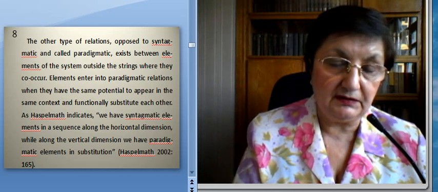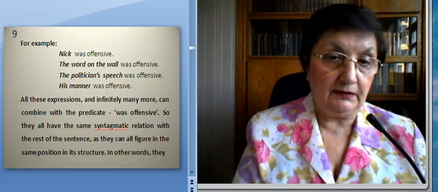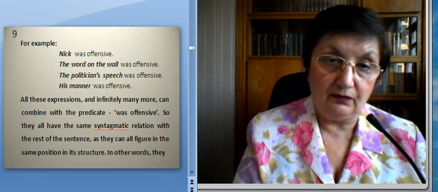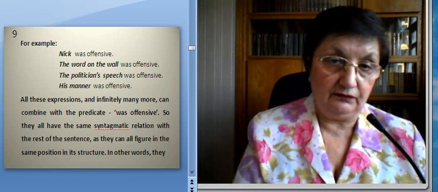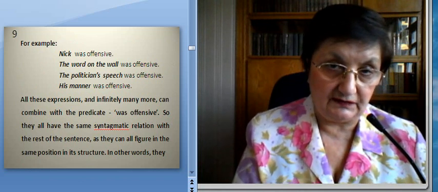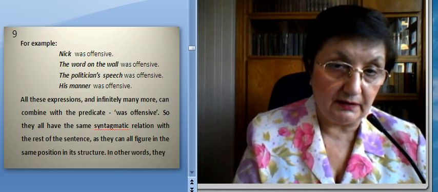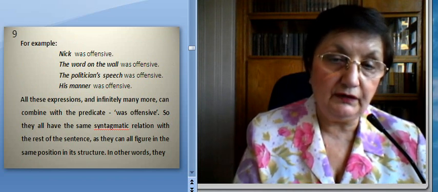If we take the following examples or phrases: Nick was offensive, the word on the wall was offensive, the politician's speech was offensive, and his manner was offensive. All these expressions and infinitely many more can combine with the predicate was offensive.